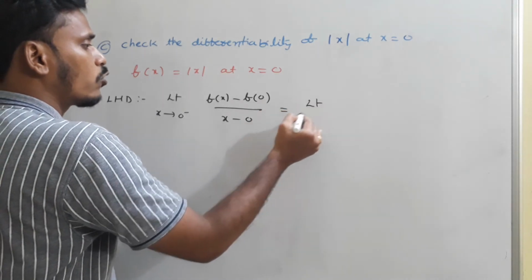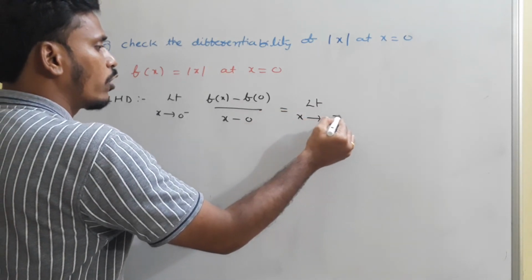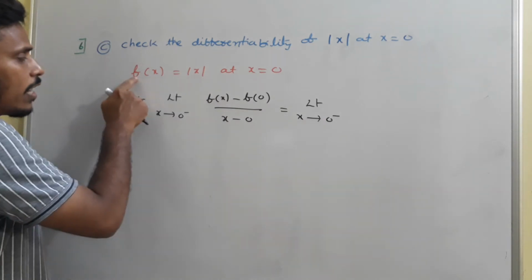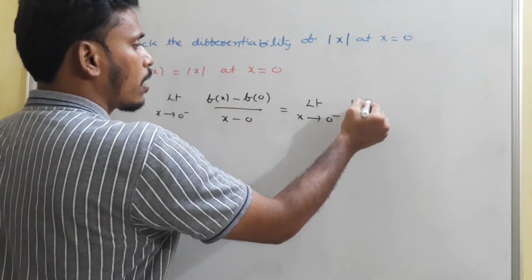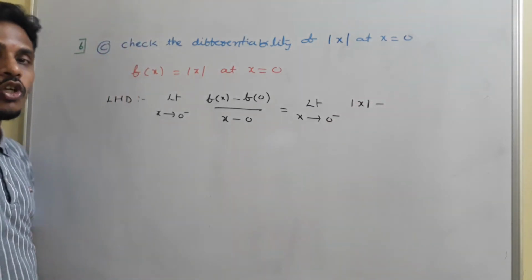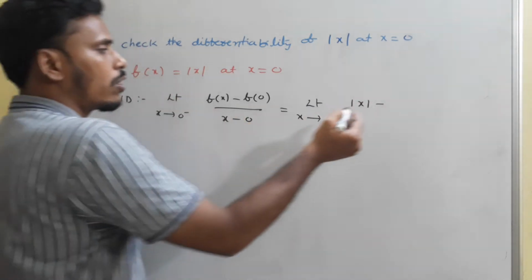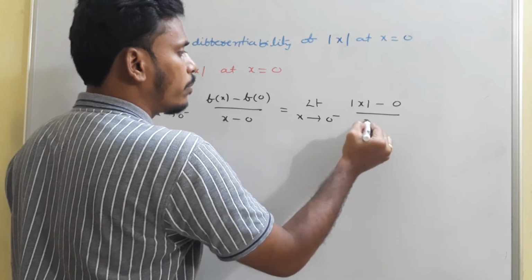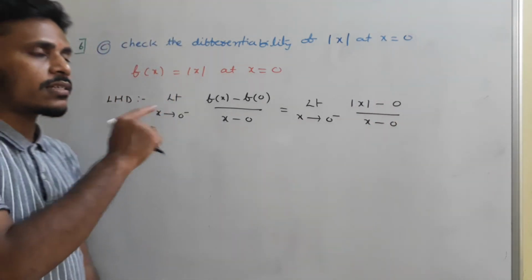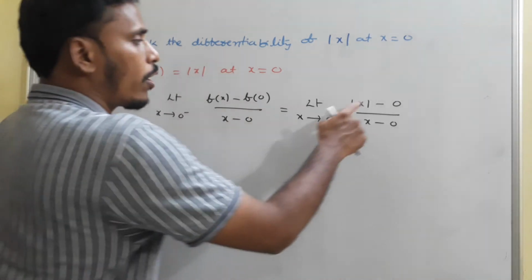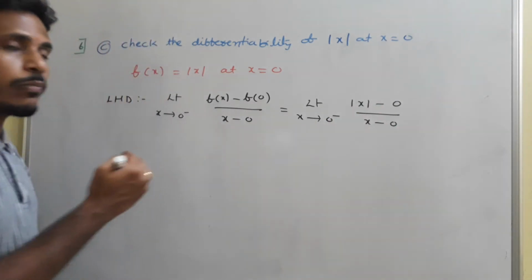That is equal to the limit as x tends to 0 minus. Replace f of x with mod x, minus f of 0. Replacing x with 0, mod 0 is 0, divided by x minus 0. So the limit as x tends to 0 minus of mod x minus 0 by x minus 0 is simply mod x by x.